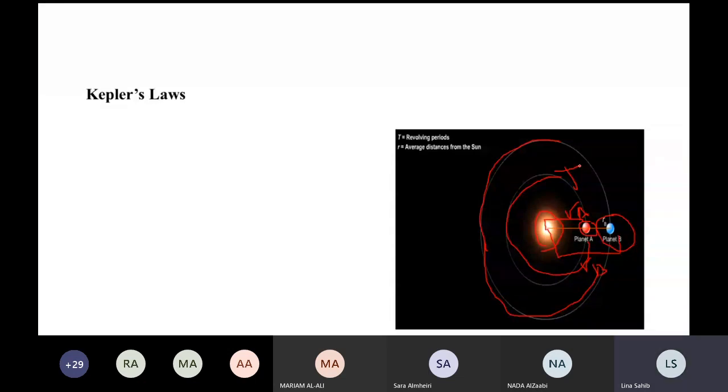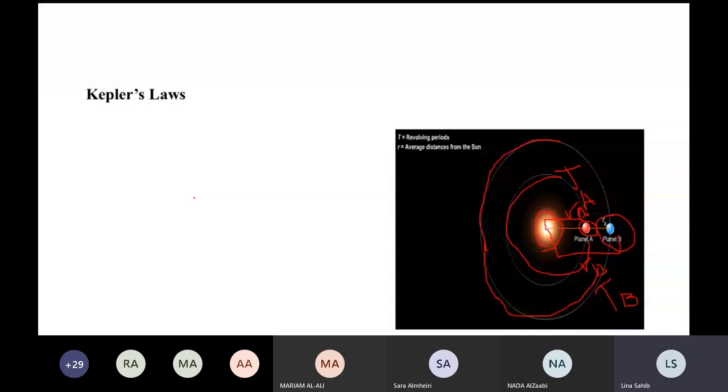So the information given to you will be time and radius for A and time and radius for B. One of these four pieces of information will be missing, and your mission is to find the missing one. Which formula did Kepler use to find the relation between these four? The third Kepler's law.